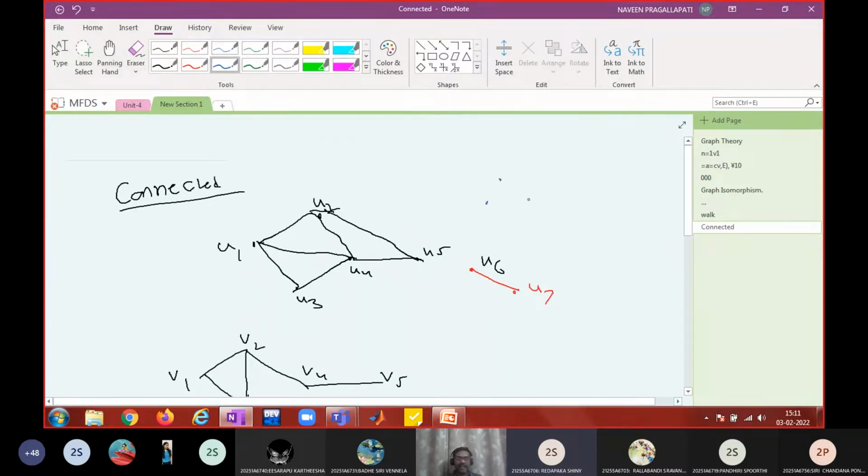Similarly, my graph can be like this. U8, U9, U10. Again, this whole graph consisting of 10 vertices is disconnected, but this disconnected graph has 3 components where each component is a connected graph. Can you see that?